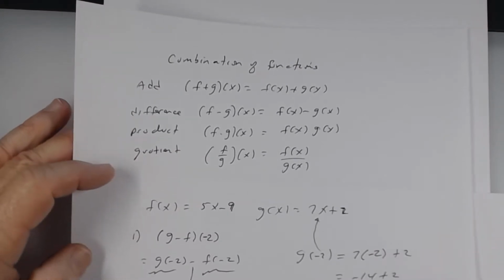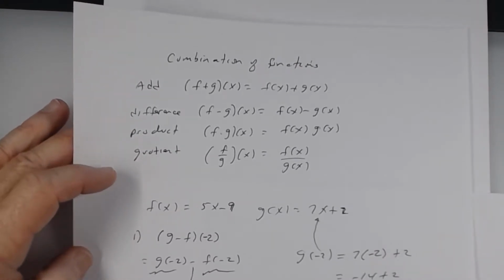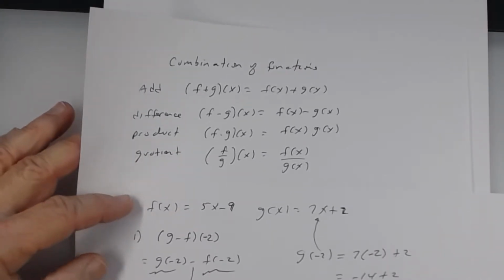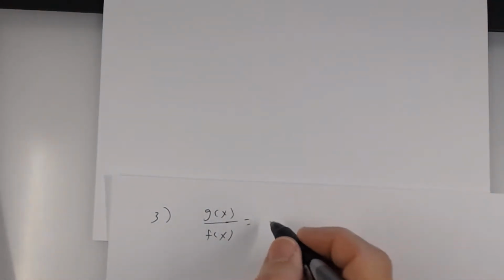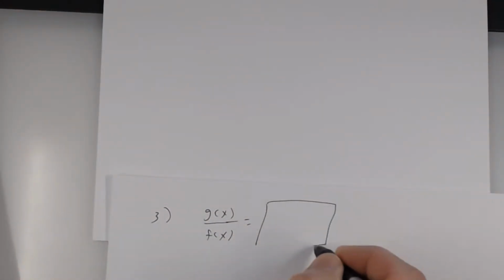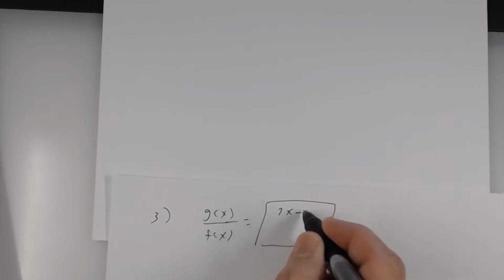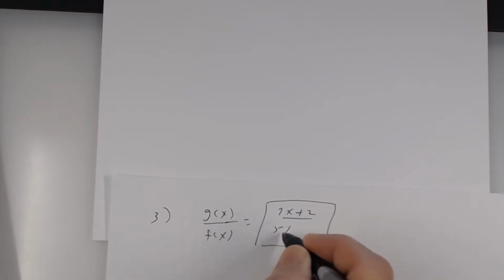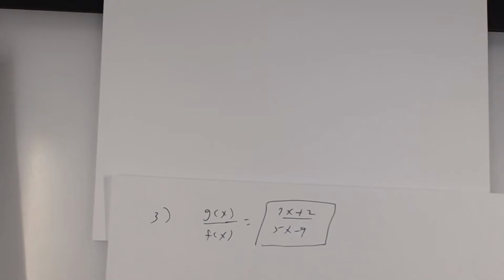What is g of x? 7x plus 2. What's f of x? 5x plus 9. So your answer would be 7x plus 2 divided by 5x minus 9, right? There's really nothing to do. But what if I said find the domain of g of x divided by f of x?